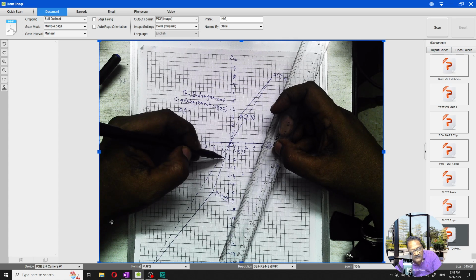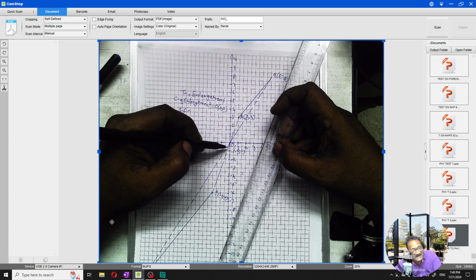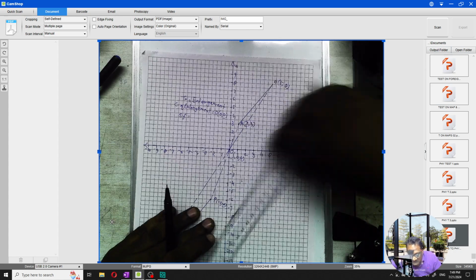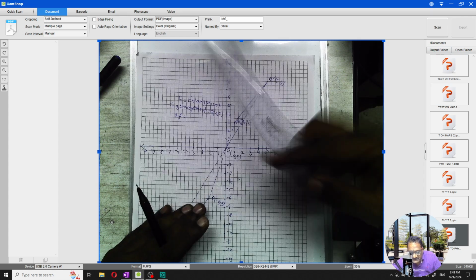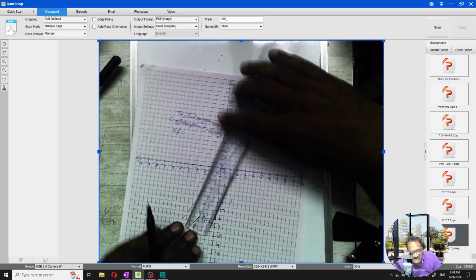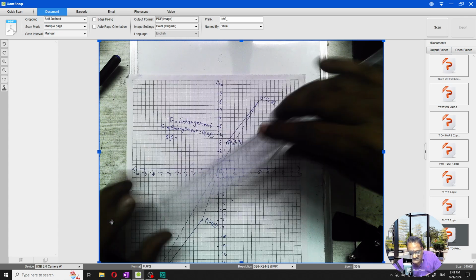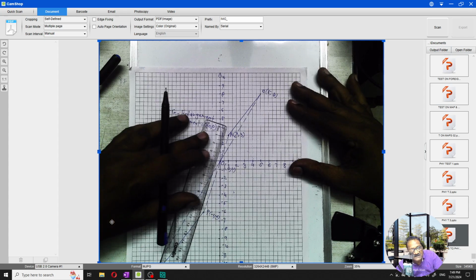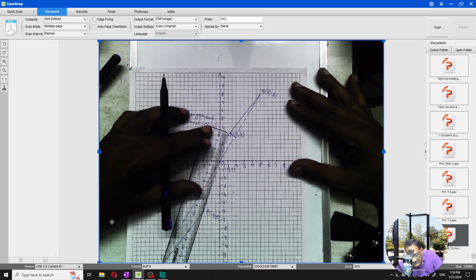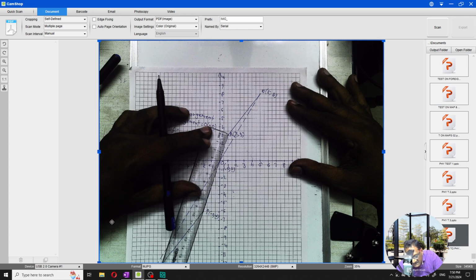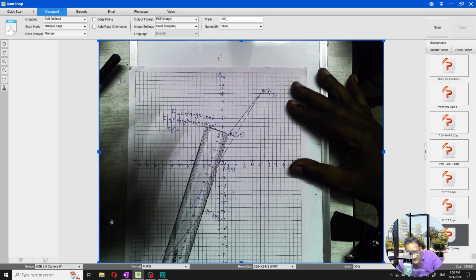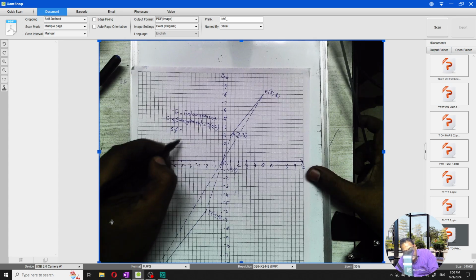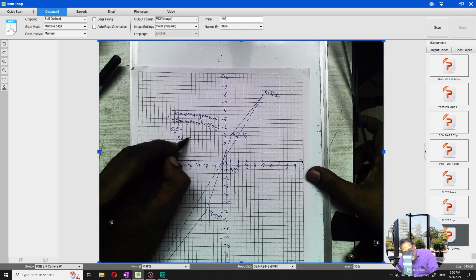All I have to do is find the ratio of the lengths. Okay. So if I measure OA, I'm getting the length as 3 centimeter. Let me write that. So OA is equal to 3 centimeter.